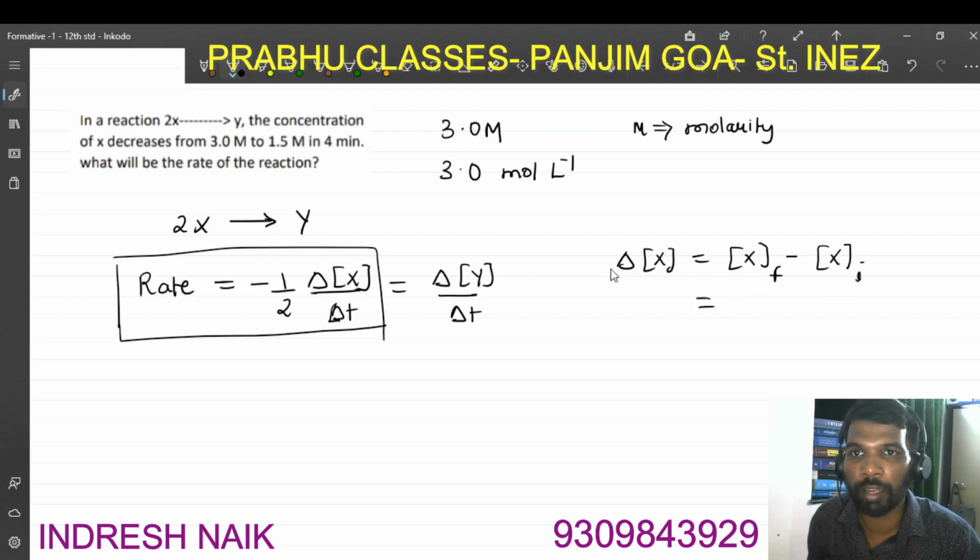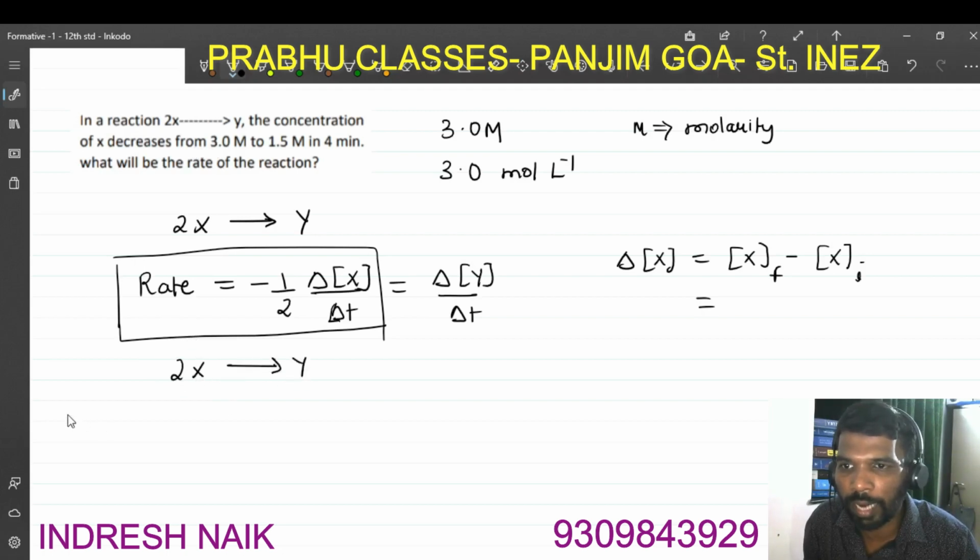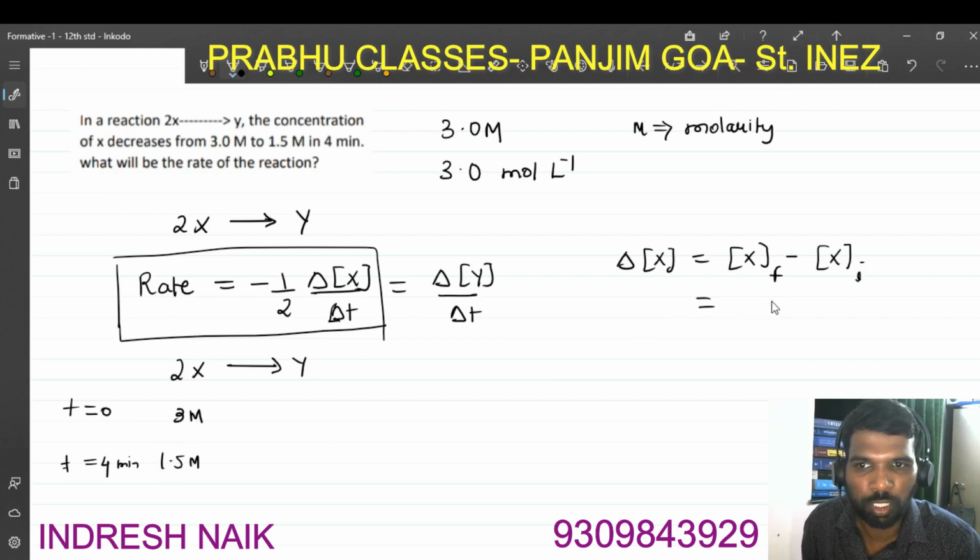In 2x plus y at time t equal to 0, the initial concentration of x was 3.0 molar. After a time of 4 minutes, it changes to 1.5 molar, right? So this is final 1.5 minus 3, which is minus 1.5.